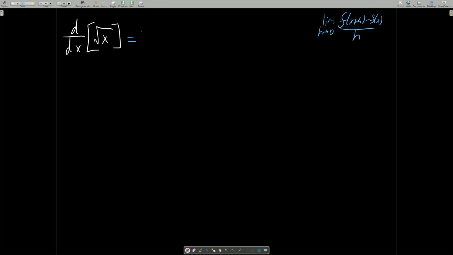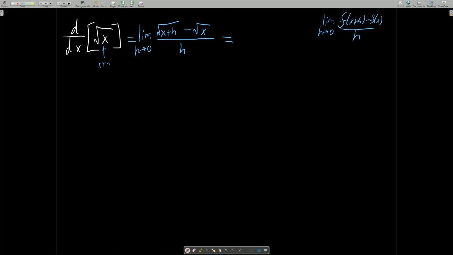So now I'm going to get to solving this. First we're going to find our f of x plus h. We're going to replace x with x plus h. So you're going to get square root of x plus h minus square root of x over h.